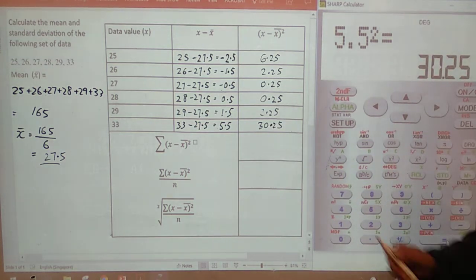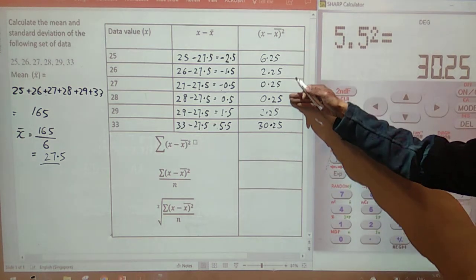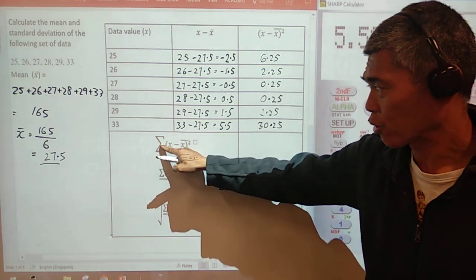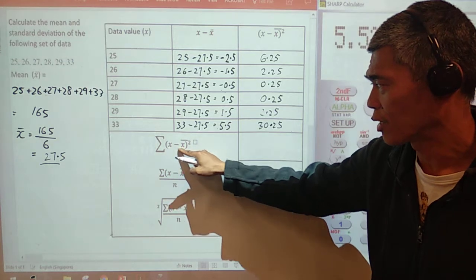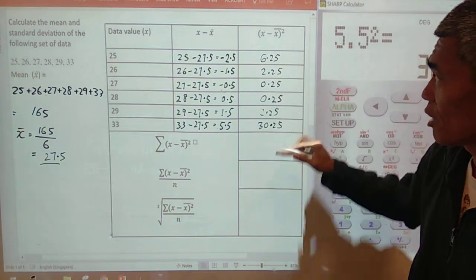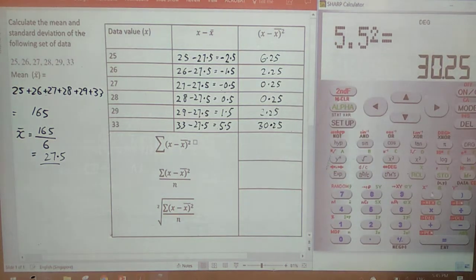Now the next thing we're going to do is add all these squares of the differences. This means we are totaling up all the squares of the differences between the individual values and the mean. So we'll add these up. Let's take 6.25 plus 0.5, that's when I add the 0.25s together.